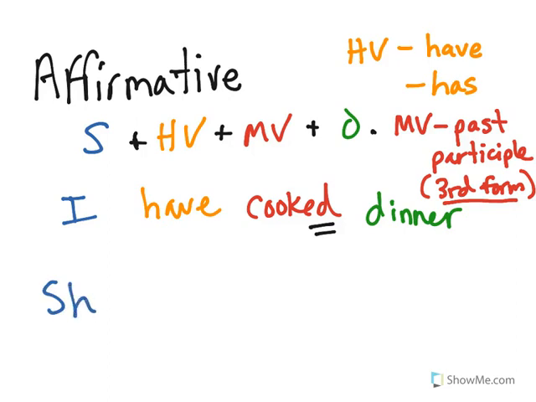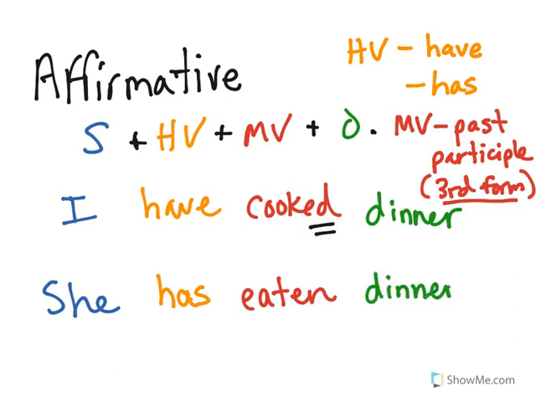Let's do another example. She, this time, my helping verb is going to be she has, okay, she has. And then for my main verb, I might say something like, she has eaten dinner. She has eaten dinner, okay?